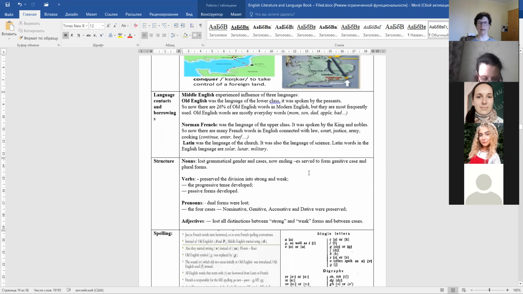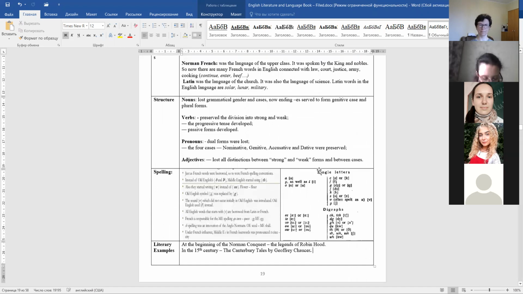Good. Bert, next. Middle English has such structure, divided into four groups: nouns, verbs, pronouns, and adjectives. Nouns lost grammatical gender and cases, now ending s serves to form genitive case and plural forms.